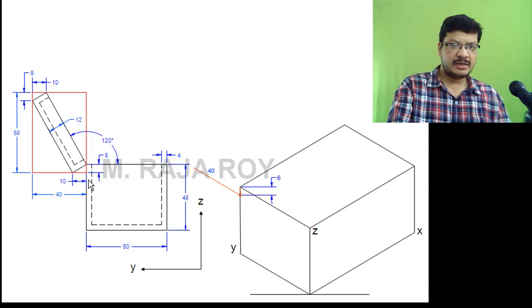Okay, before drawing this line, you mark this point at 10 distance. Put a point at 10 distance. Next, draw this line. This is 58. So after drawing this line, put a point here at a distance of 6 mm. This is 6 mm. Then draw this line. That line length is again 40.